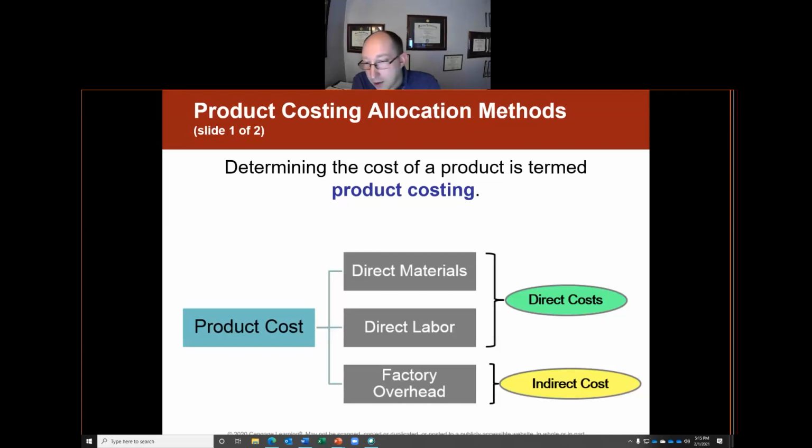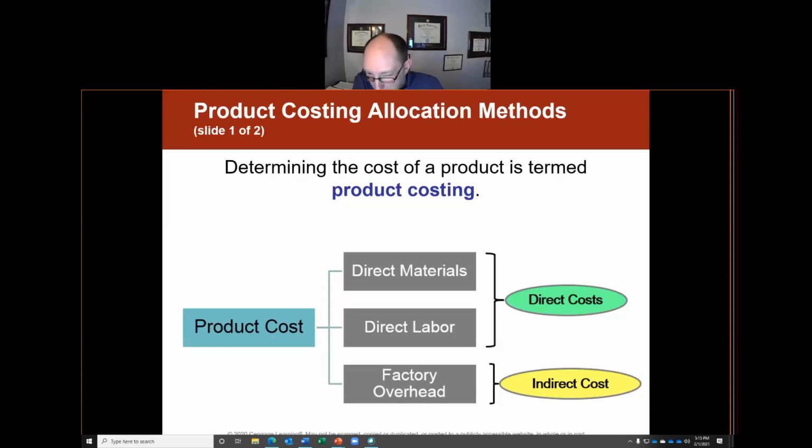And we break those down into direct and indirect costs. Direct materials and direct labor we consider to be direct costs. These are costs that make up the majority of the finished good. And indirect costs are costs that we cannot directly trace to that finished good, right?